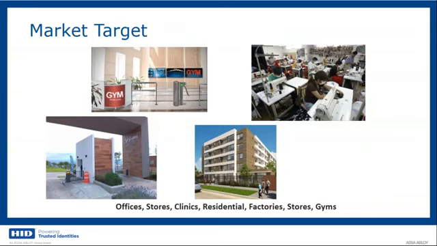Which are the market targets where you will be able to satisfy the needs of your customer using the AC series controller? Here we can talk about offices, stores, clinics, residential buildings, factories, gyms.